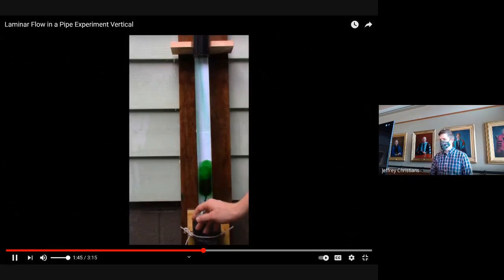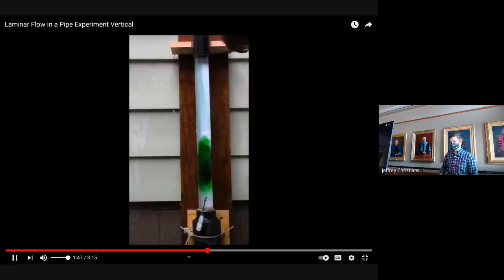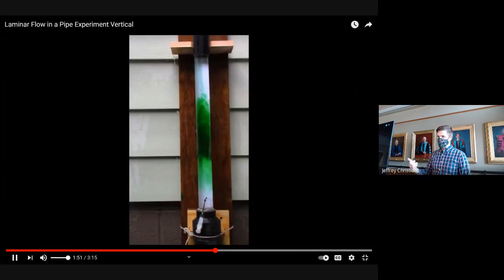Okay, so what he's going to do is inject a whole bunch of dye all at once. What you can see with this is some of that dye goes right up to the walls of the pipe. And what we just said is that the velocity at the walls should be 0. The dye gets stuck right there at the walls.